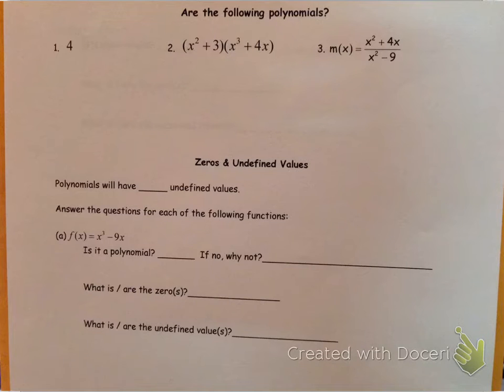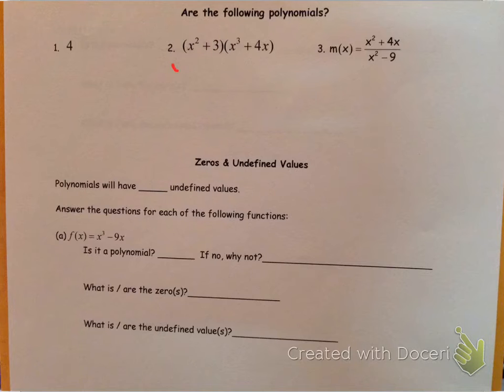So now, pause again. This is just a yes/no. Which of these do you think are polynomials? Okay, hopefully you paused again. It should just be a first glance gut instinct kind of thing.